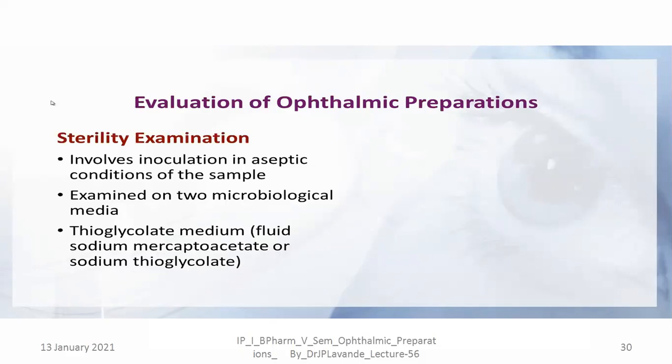So the sterility examination will involve the inoculation in aseptic conditions of the sample. The sample is to be inoculated onto the media, and then it is examined onto two microbiological media. So what are the two microbiological media? One is the fluid thioglycolate medium, or sodium thioglycolate, and the other is the soybean casein digest.